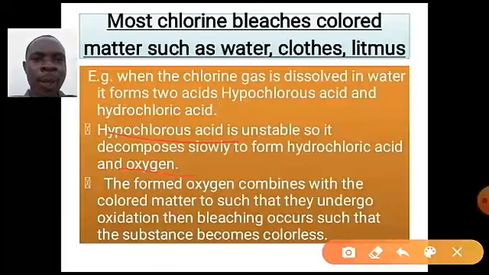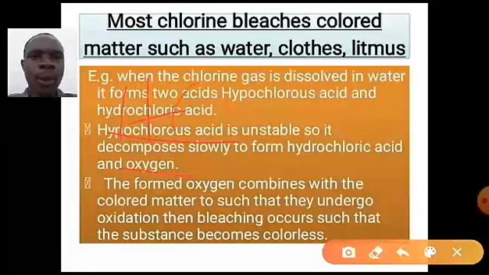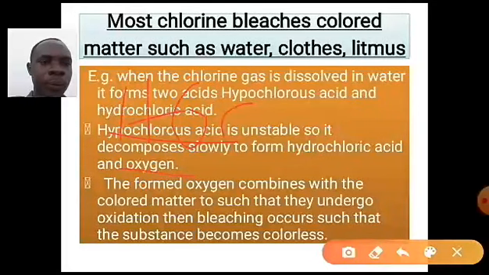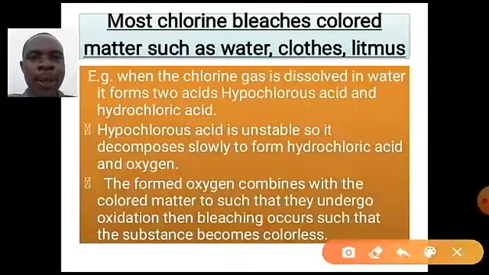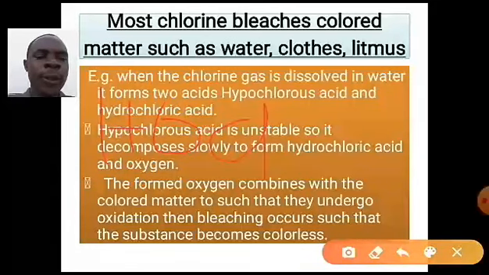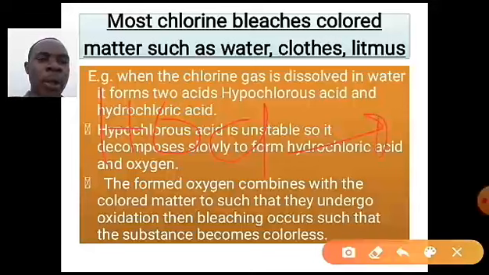Hypochlorous acid, HClO, is unstable. Under normal conditions, it decomposes to form hydrogen chloride plus oxygen gas.